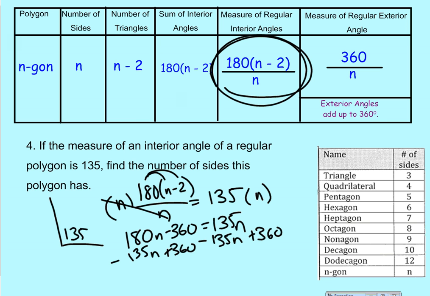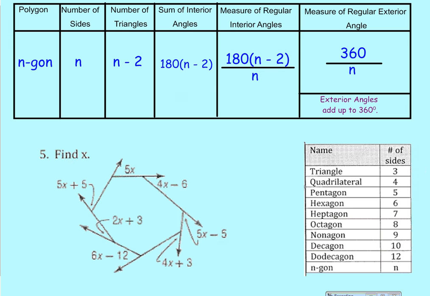So 180 minus 135 is 45n equals 360. So n is going to equal 8. So that means that is an 8-sided figure. Okay, that is the number of sides, so that is going to be an octagon.